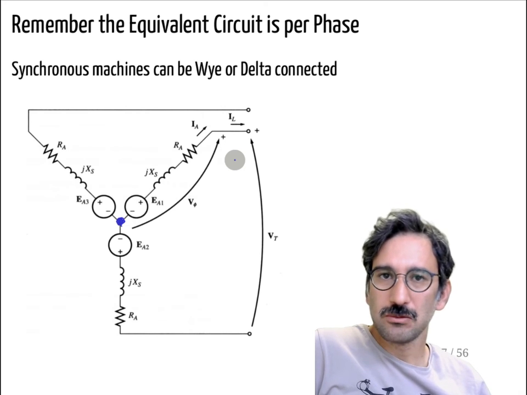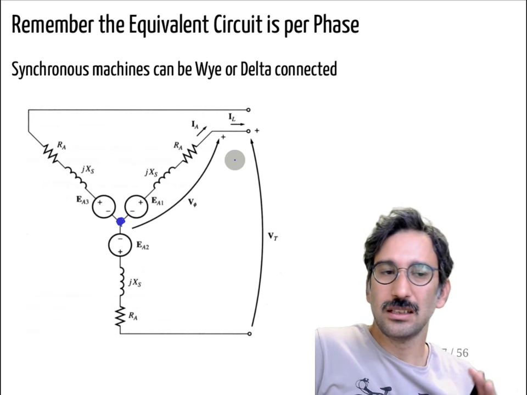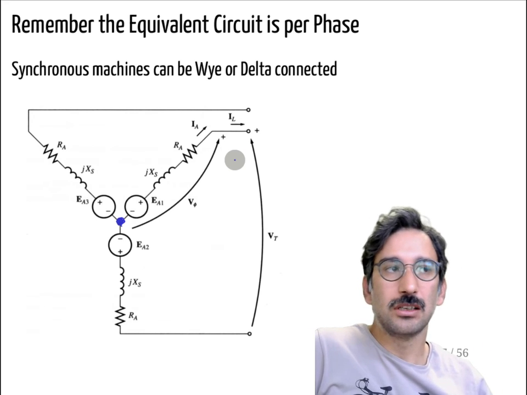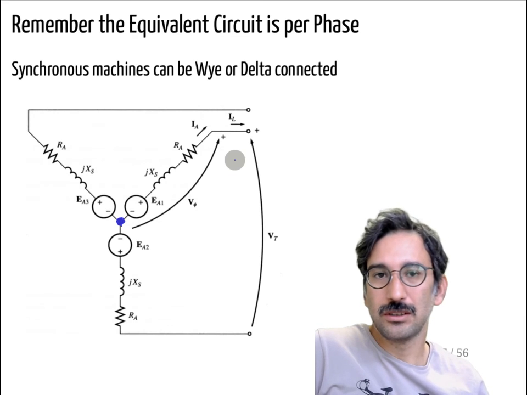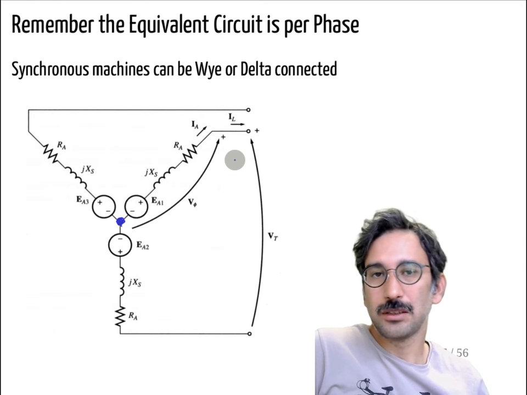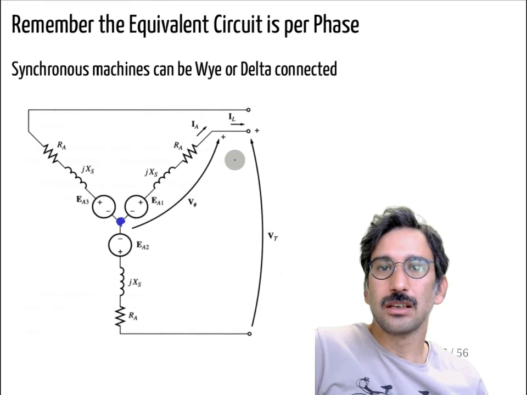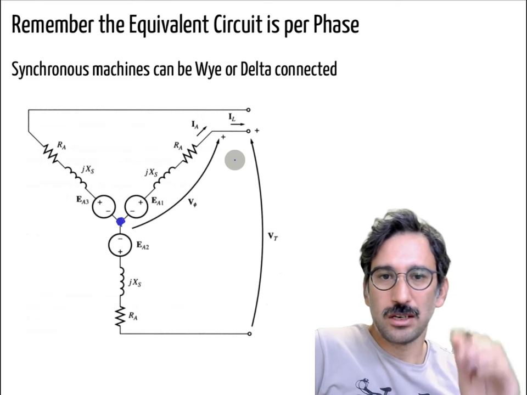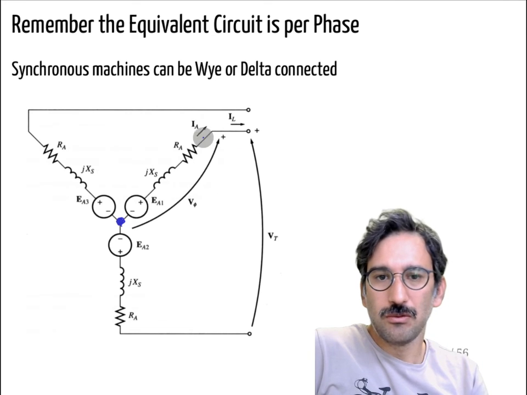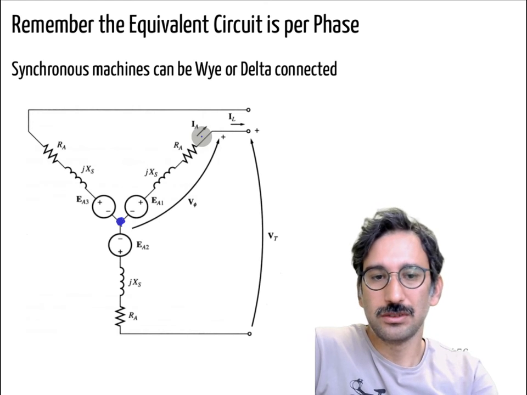But while calculating the total power, total line-to-line voltage or torque, don't forget to multiply by 3 or square root 3. You need to be aware that the calculations we are doing are just for one phase of the system.